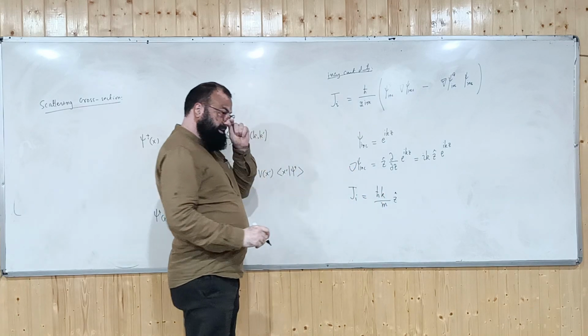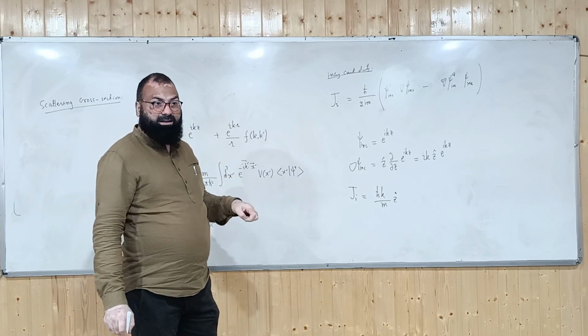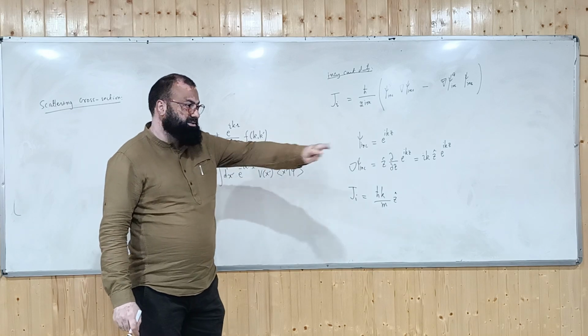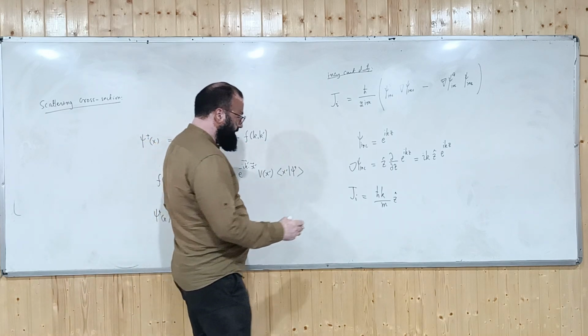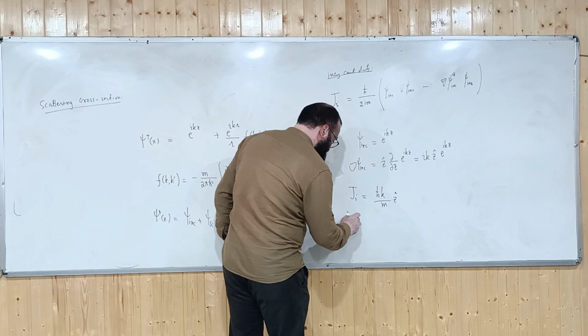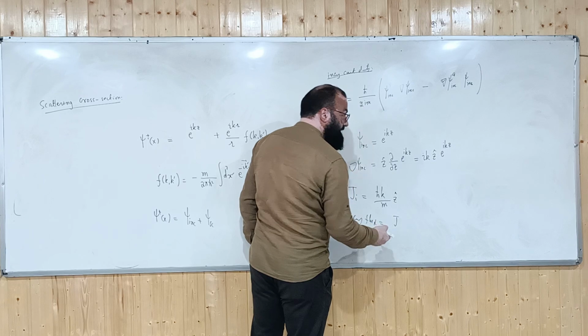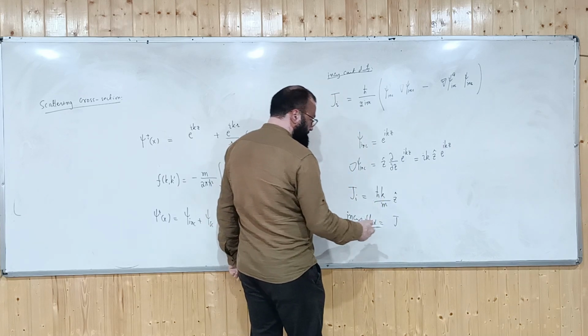Now tell me, what is the flux along the z direction? Flux will be simply the dot product with the z axis. Since I am considering my wave moving along the z direction, the incoming flux is simply J dot z.